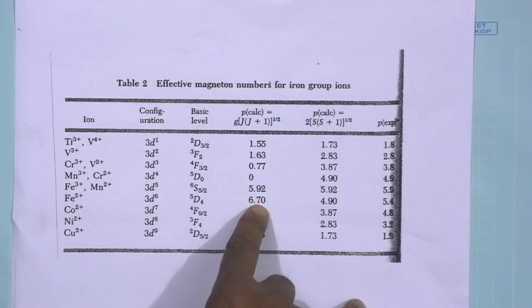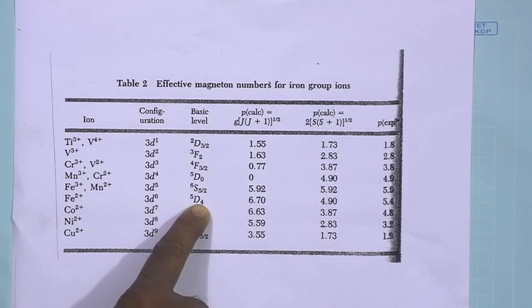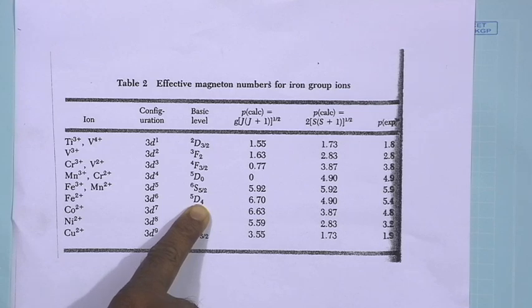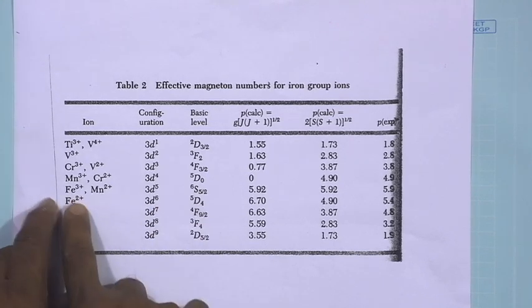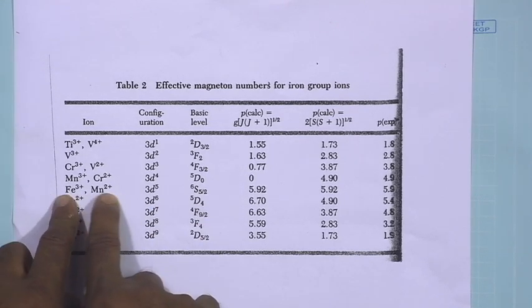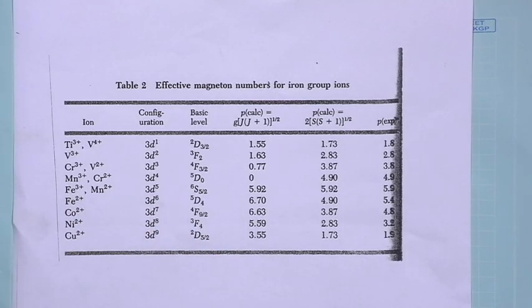I think it will be interesting if I take iron 3 plus. In case of iron 3 plus, the electronic configuration is 3d5.